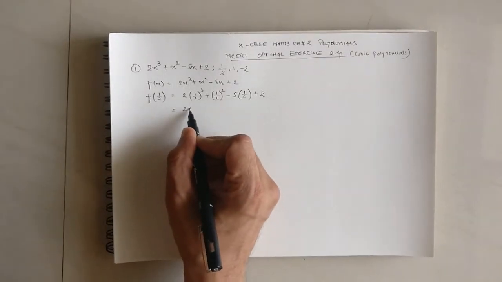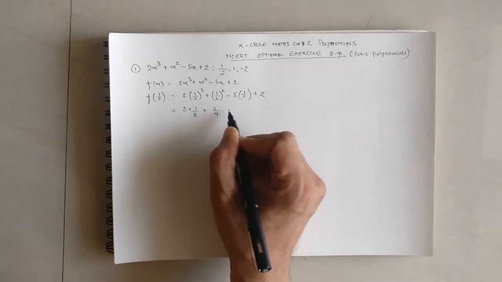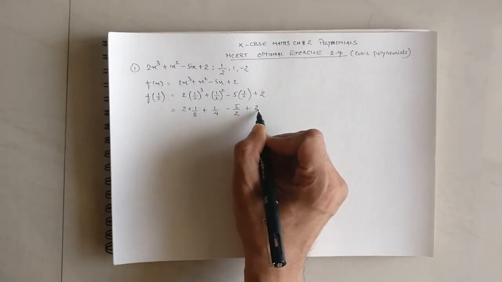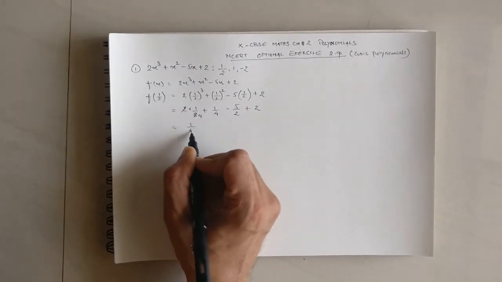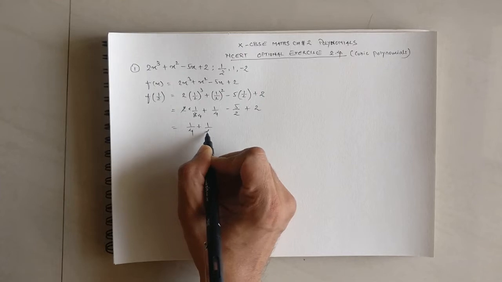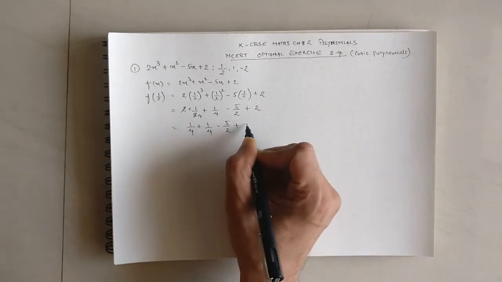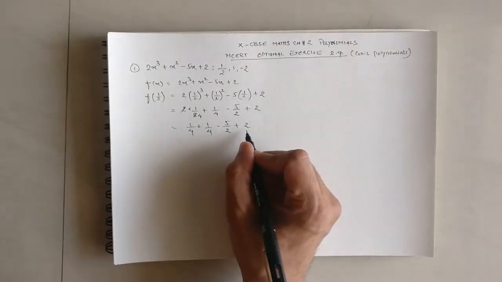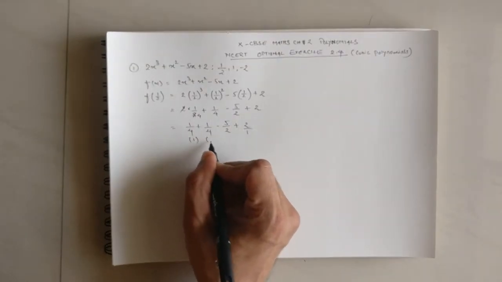So 2 into 1 by 8 plus 1 by 4 minus 5 by 2 plus 2. Okay, so this will become 1 by 4 plus 1 by 4 minus 5 by 2 plus 2. Okay, now let's take LCM throughout and solve. The LCM will be 4.